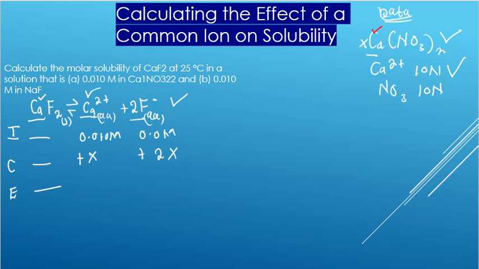And for the equilibrium, you are going to have, since at the initial stage you had 0.01 molar, and then for the change you have X, so here you are going to say that this is going to be 0.01 plus your X. And of course here, for the fluorine part, it will be 0 plus 2X, which is just your 2X, like that.